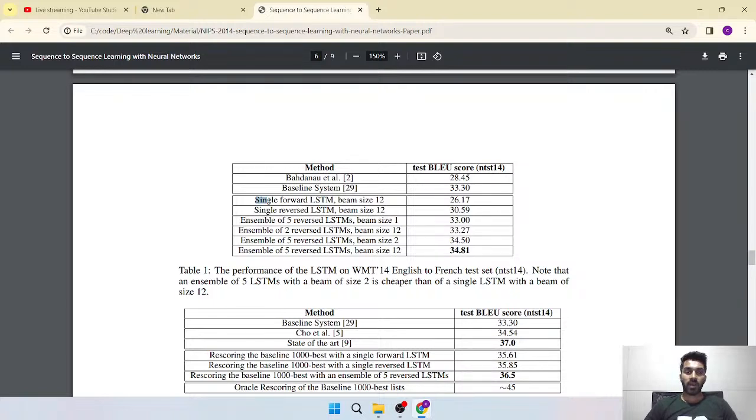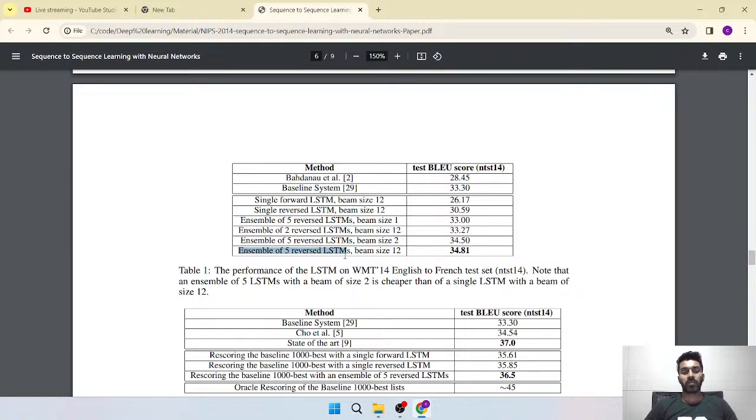By applying a single forward LSTM with beam size of 12, we get 26.17% accuracy. This is quite good because NLP is a very vast subject, and in 2015 or 16, 26% accuracy is good. By applying an ensemble of 5 reverse LSTMs and beam size of 1, we get 33%.